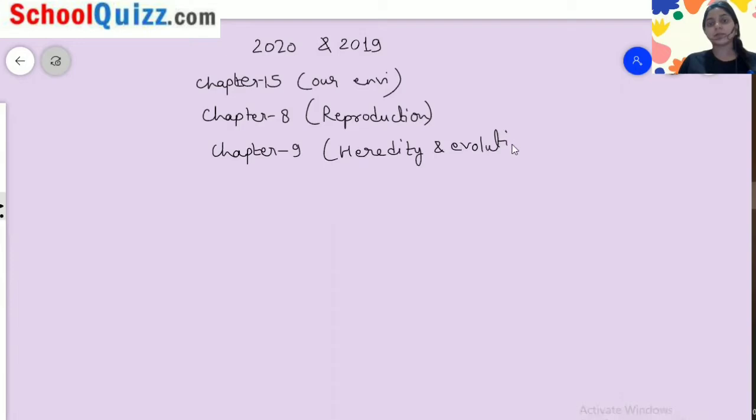But in your term 2 syllabus, it is specifically described that only heredity will come into your examination. So we will see the questions from heredity, not from evolution, from the previous year questions.